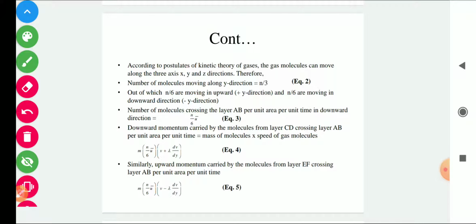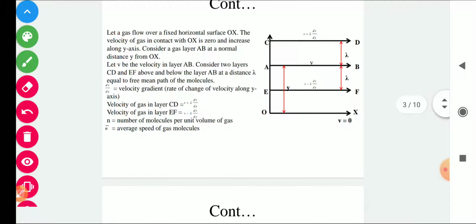Similarly, the upward momentum carried by molecules from layer EF crossing layer AB per unit area per unit time: again, the number of molecules crossing this layer is n by 6 into average velocity u bar, and its velocity is v minus lambda dv by dy.